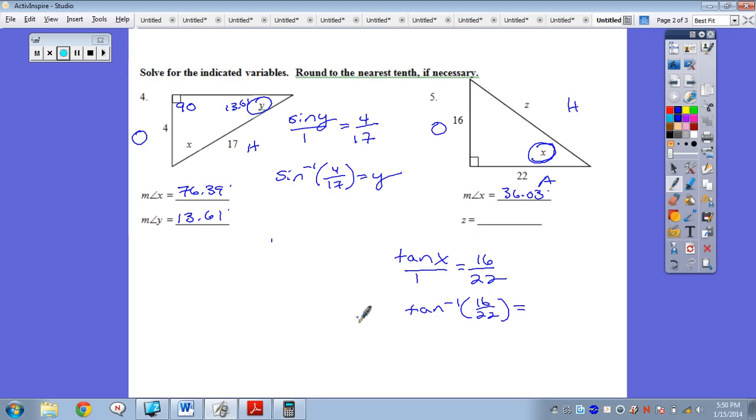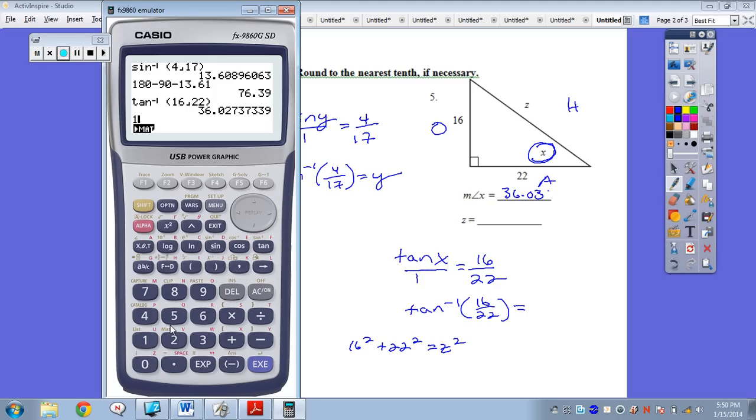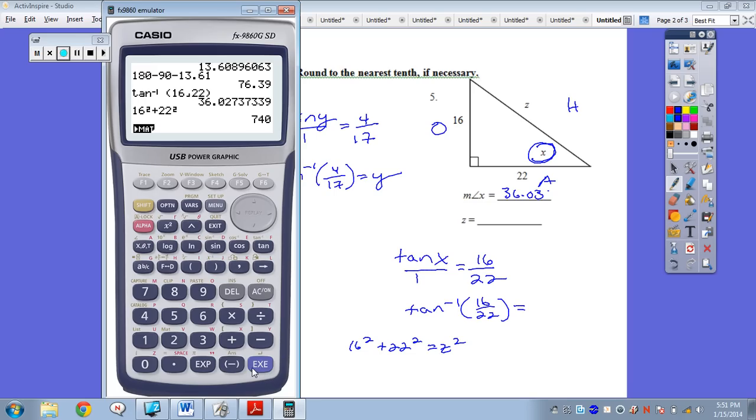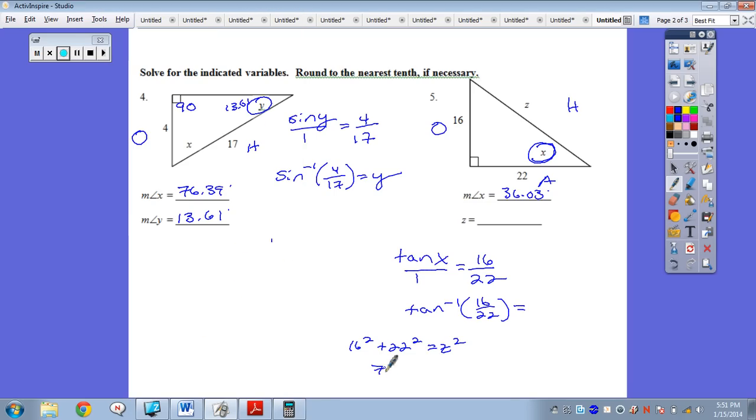use the Pythagorean theorem. So you've got 16 squared plus 22 squared is equal to z squared. In the calculator, I'm going to do 16 squared plus 22 squared equals, so you've got 740 is equal to z squared. Take the square root of both sides.